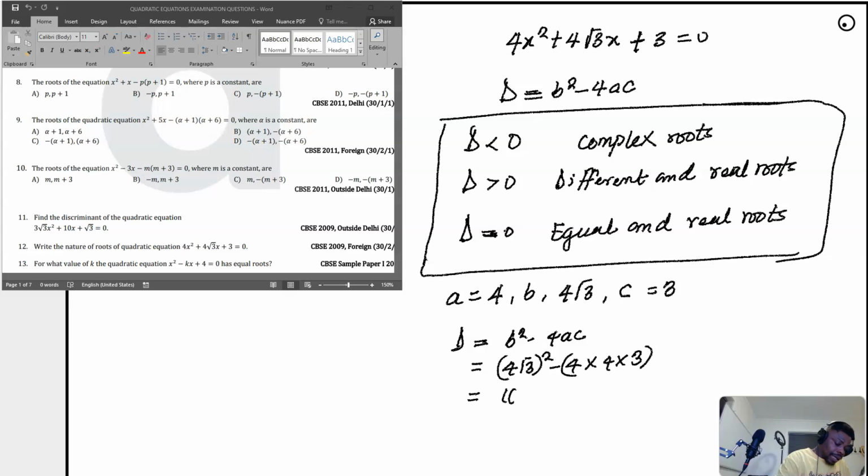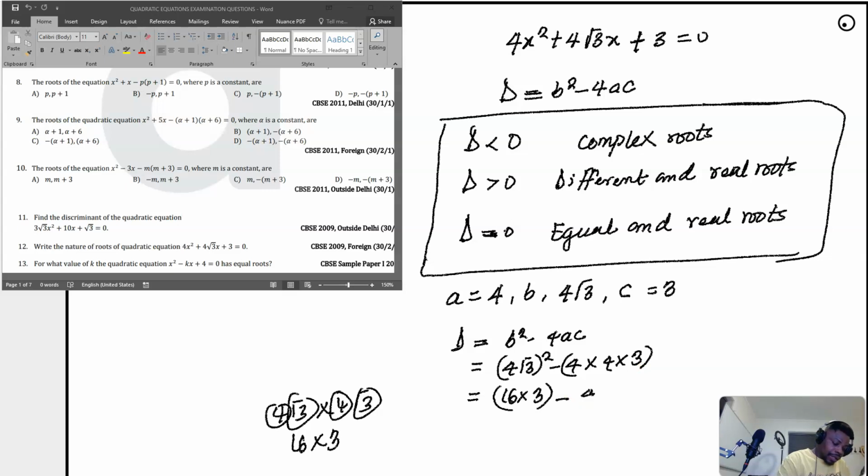Okay, so this is something as 16 times 3, because that means 4 root 3 times 4 root 3. 4 times 4, 16. Root 3 times root 3 is 3. So here, 16, this is 4 times 4, 16. Okay, 16 times 3, that is 48.